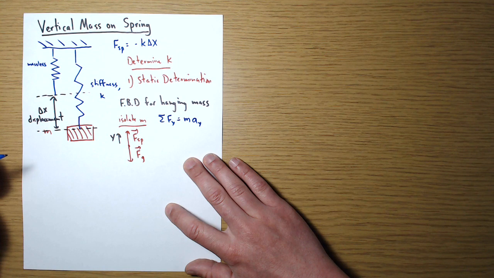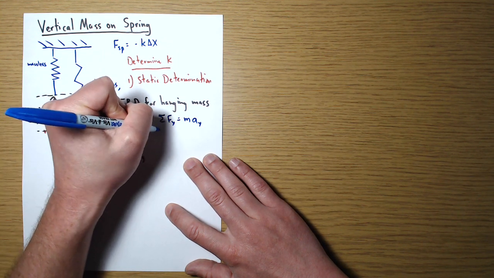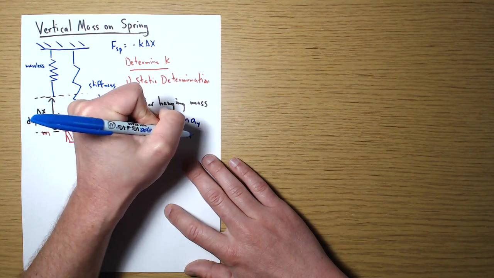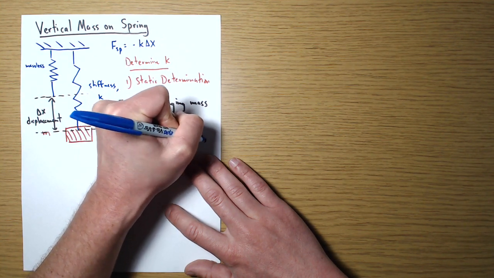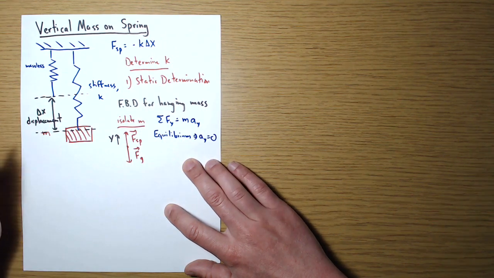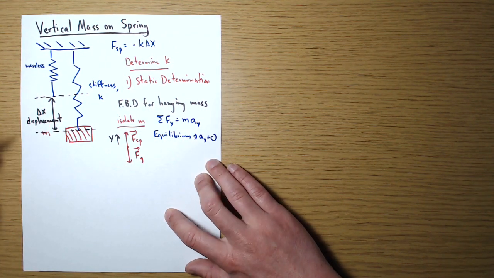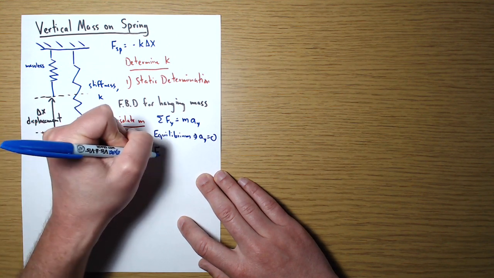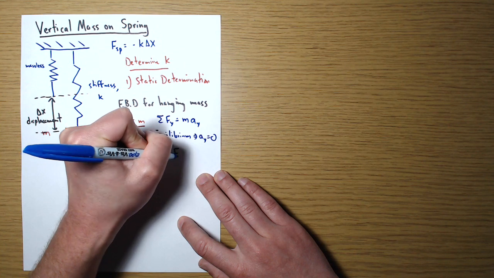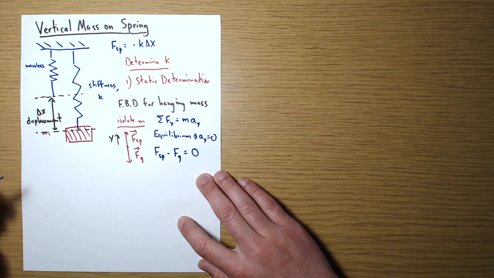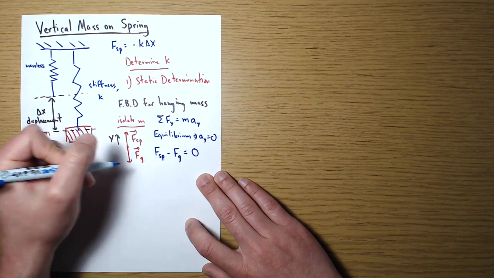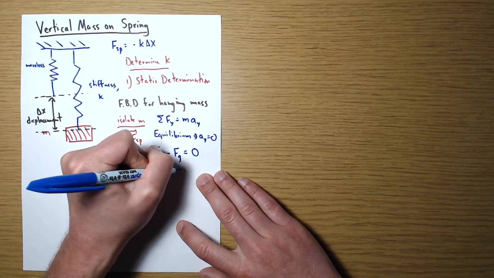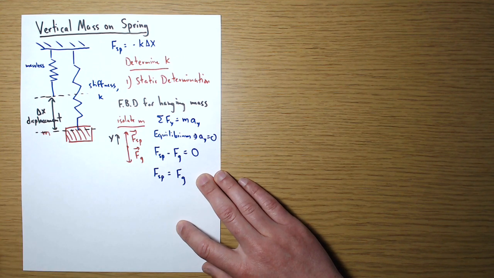And since we're in a static situation, or in a situation of equilibrium, this means that the acceleration equals 0. So there's 0 acceleration, which means that the force of the spring, which is my positive force in the positive y direction, force of spring minus force of gravity equals 0. Or in other words, slightly rearranging this equation, I can write force of spring equals F sub g, adding force of gravity to both sides.